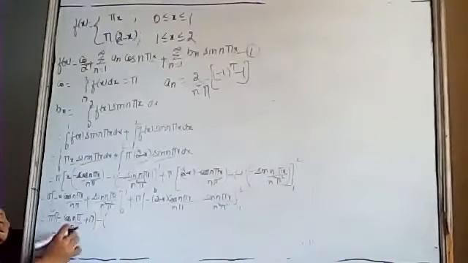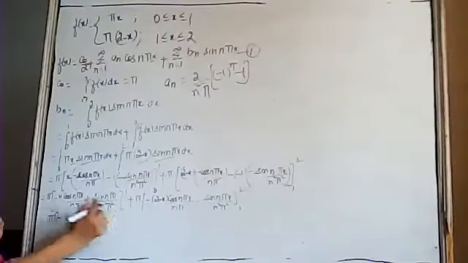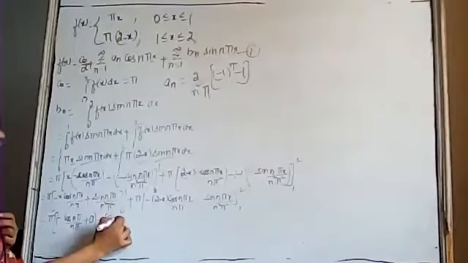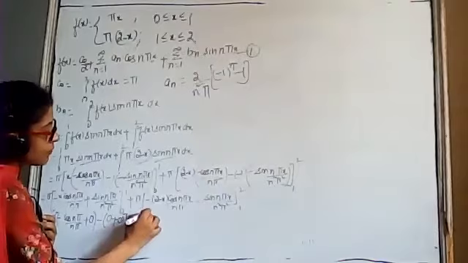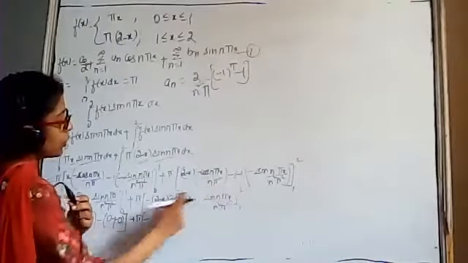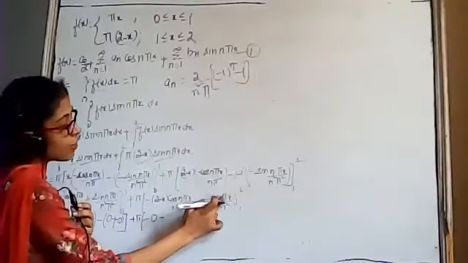After that, substitute the lower limit. In the place of x, we have to substitute 0. This whole term will be again equal to 0. After that, this sin 0 will be again equal to 0. Plus pi minus upper limit 2. 2 minus 2 will be 0 again, minus sine of 2n pi.